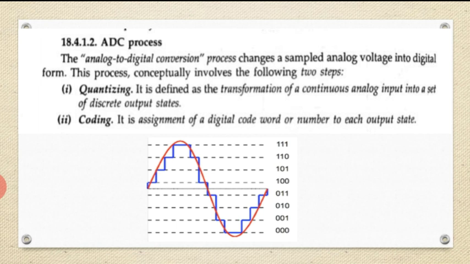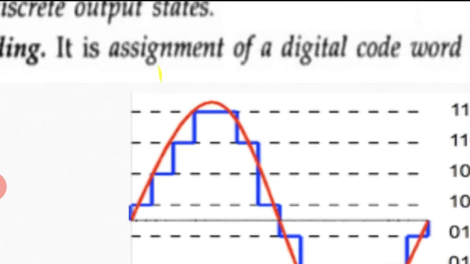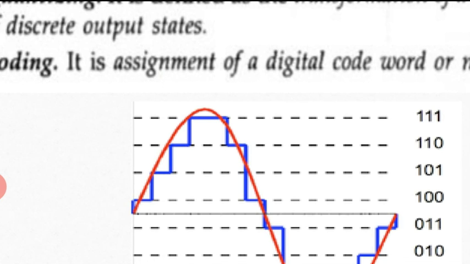The analog form is discretized. Second is coding, which is the assignment of a digital code. Each output state is assigned some word or number, and this is done in digital form.